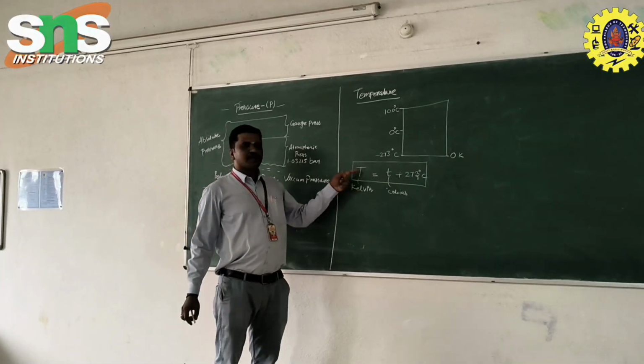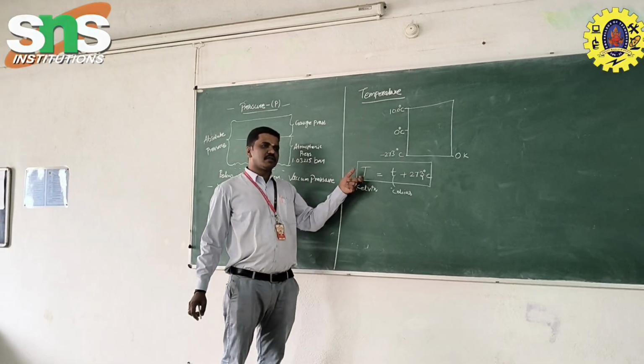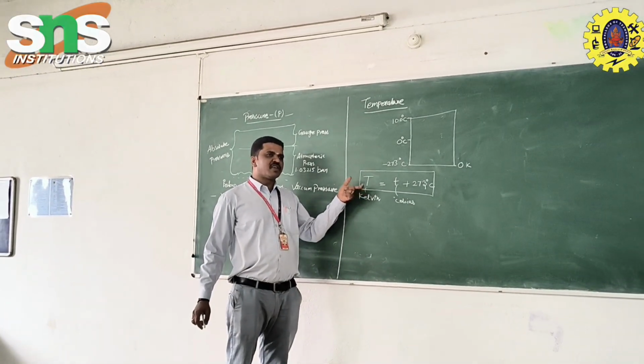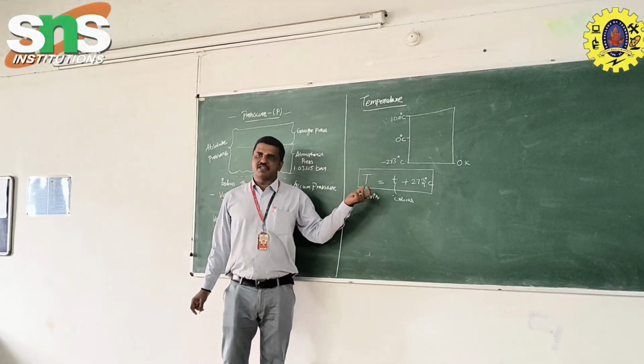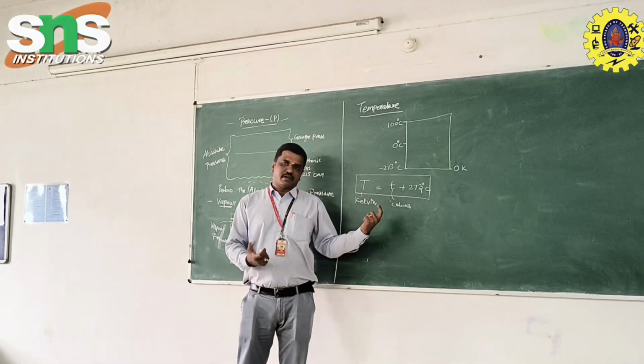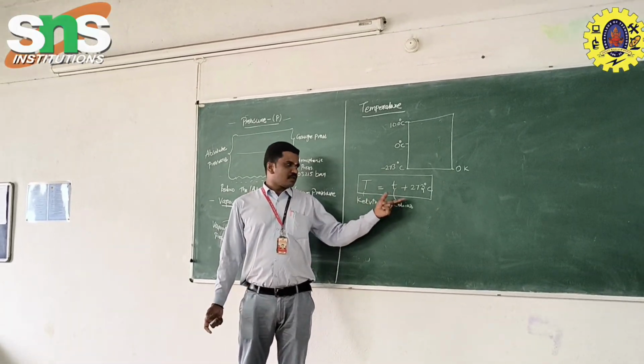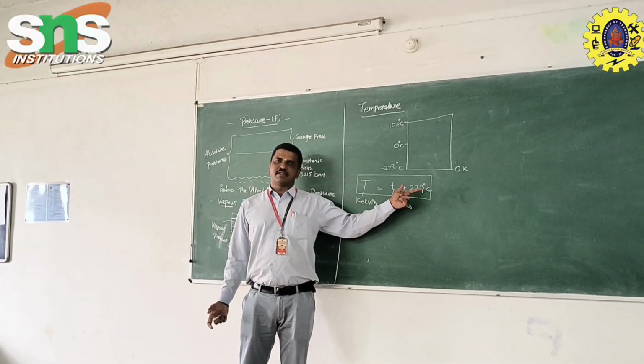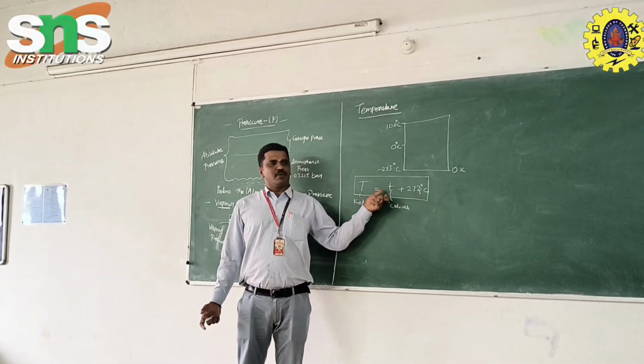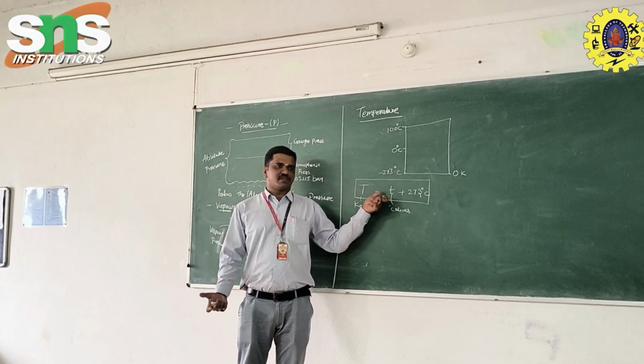Here the capital T is denoted as the temperature in Kelvin. How do we get the temperature in Kelvin? It's a simple thing. We just add 273 to the respective Celsius temperature. Am I right?